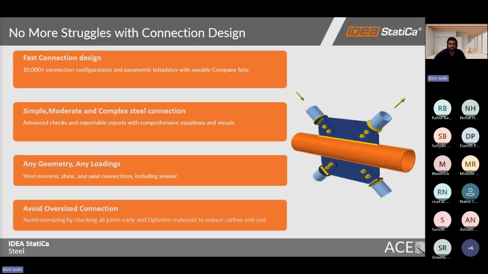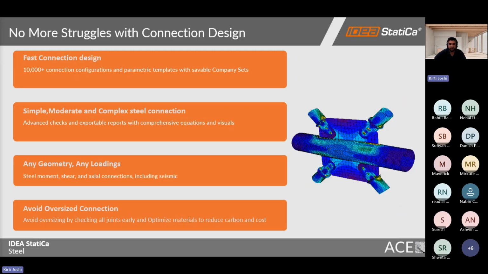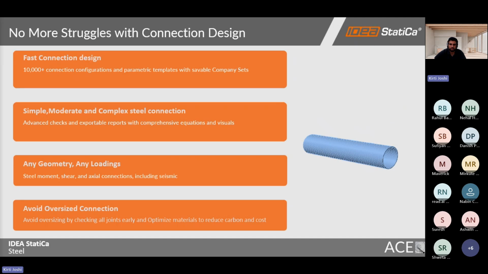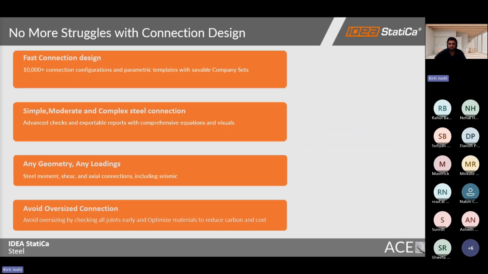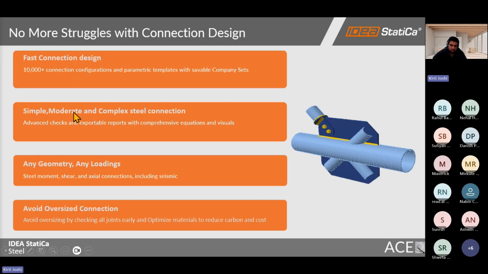So instead of starting everything from scratch every time, we can directly use the templates and modify connections as needed. It also supports the connection library with 1 million plus ready-made steel connections from real life projects from all around the world.